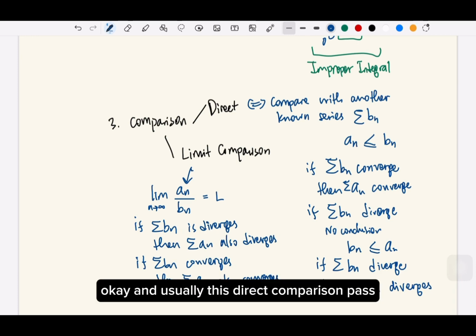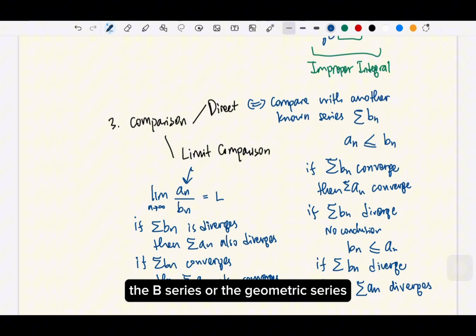And usually for this direct comparison test, you can think the known series from the p-series or geometric series.